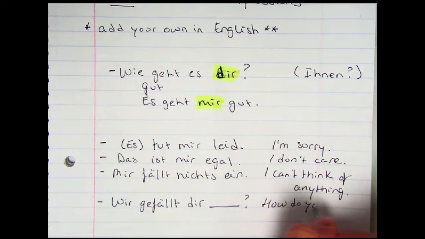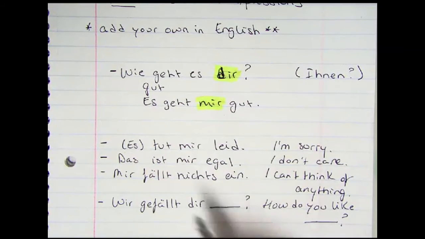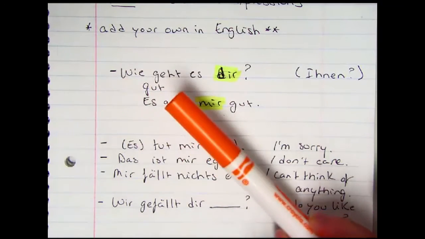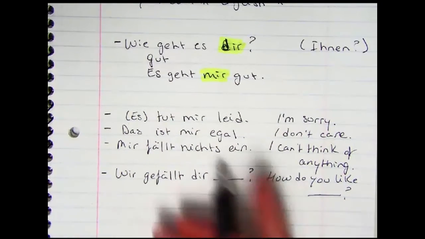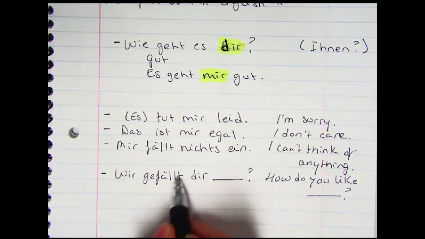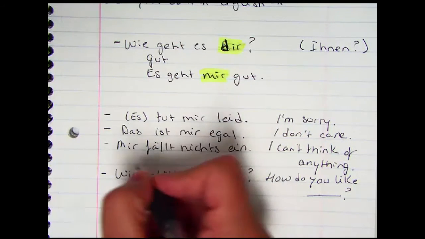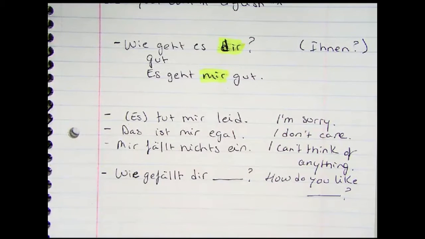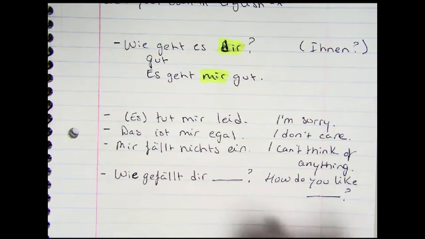How do you like, and then blank. Or do you like my pen, my Crayola marker, German 1 or German 2 in your case? Wie gefällt dir? Gefallen directly translated was to be pleasing to, and when you make that into a question, please fix that, that's not wir, it's wie, then you're asking how you like something.